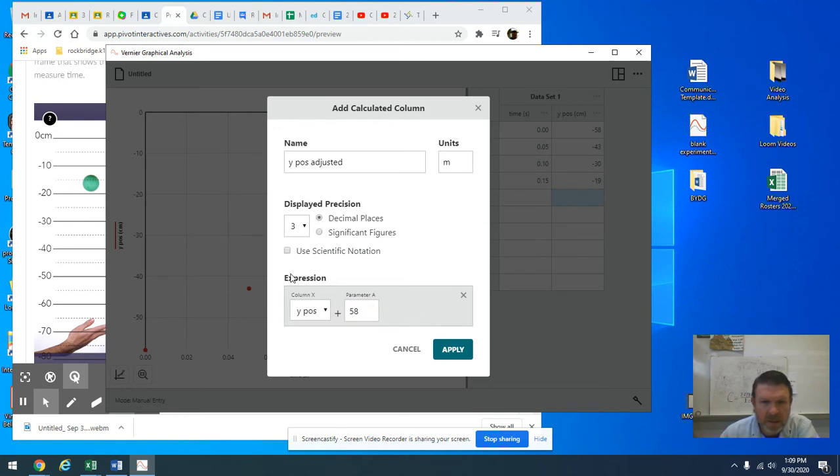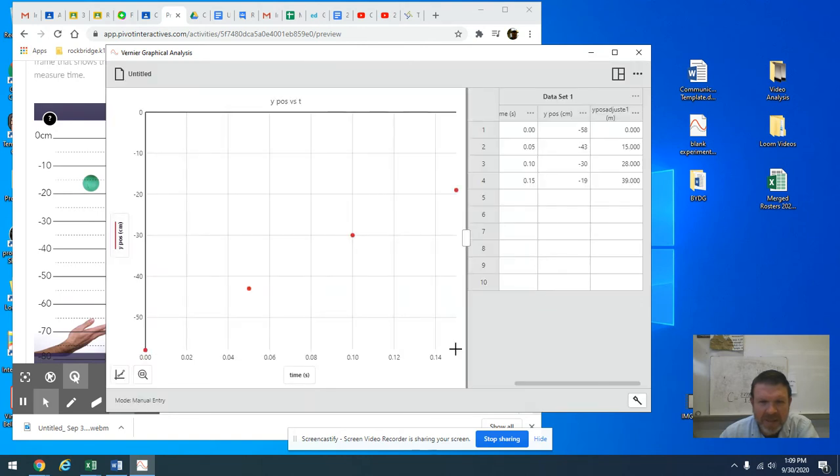And then will it let me do another? I guess I have to do another calculated column. I would like to now multiply this by 100 so I get it into meters, but it's not going to let me do that.